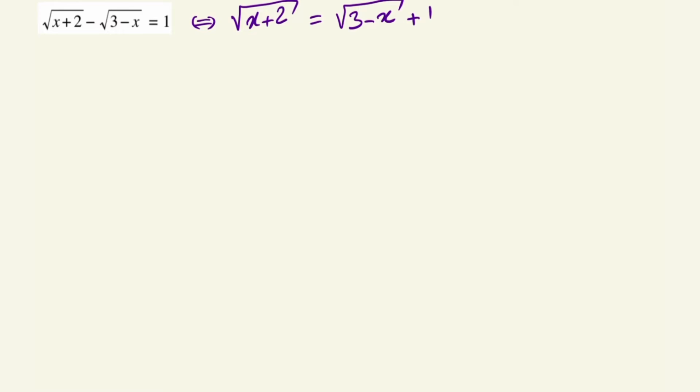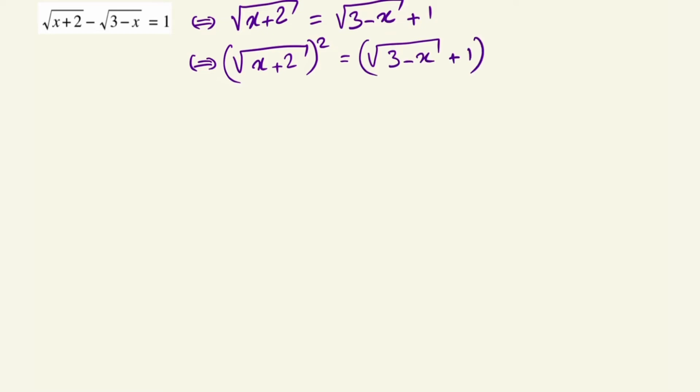Well, we did the same thing, we moved it to this side and changed the sign, it is negative, we make it positive. So now let's square both sides. Therefore, we're going to have x plus 2 squared equal to square root of 3 minus x plus 1, squared.